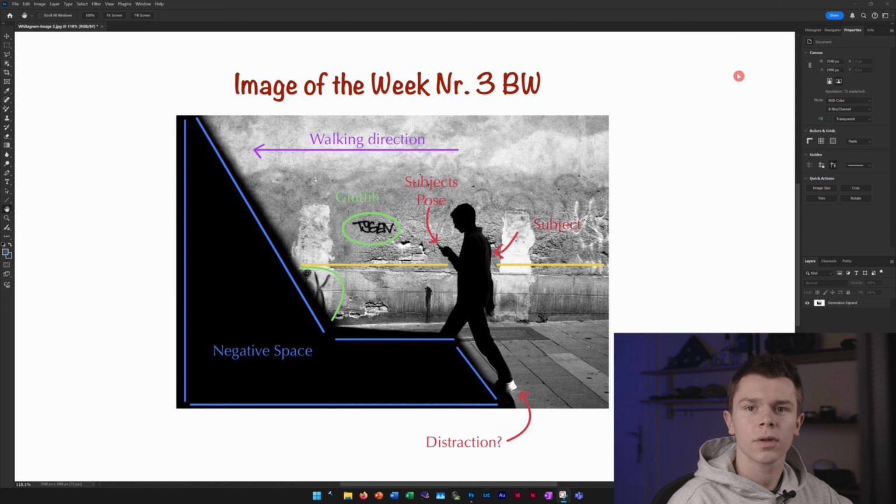Let's go. So here we are in Photoshop with the third black and white image, as promised. Let's just start with the usual, I would say. This image was taken in Strasbourg one or two years ago during the summertime, around noon.